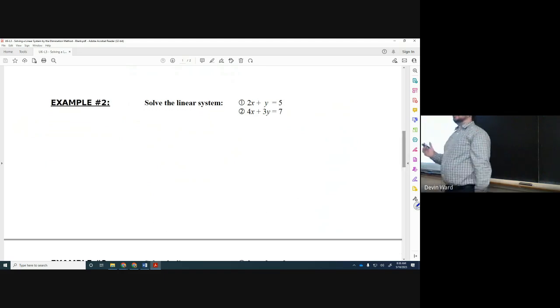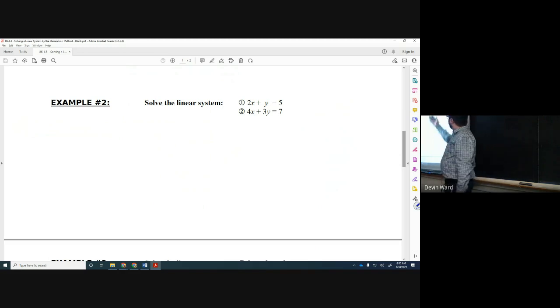Sometimes you won't have the exact same coefficient, but what we can do is multiply a number by equation 1 or equation 2 to make them the same. So here we have 2x plus y equals 5 and 4x plus 3y equals 7.